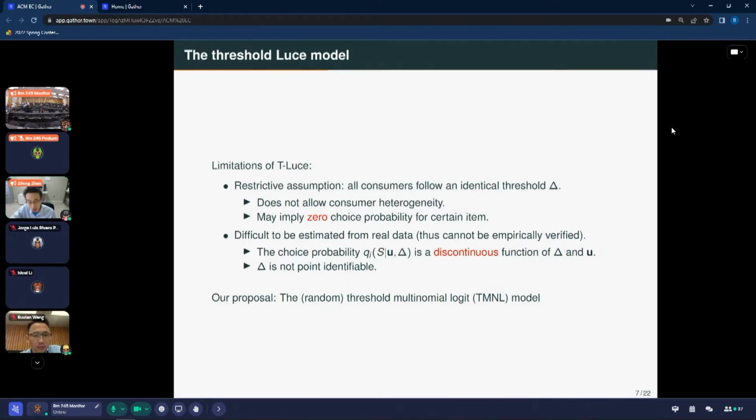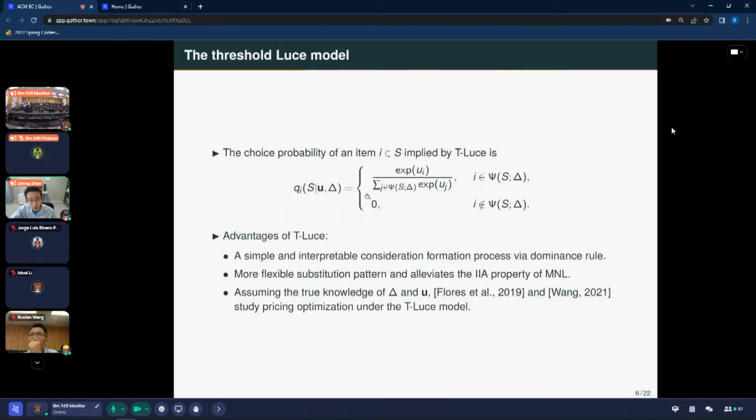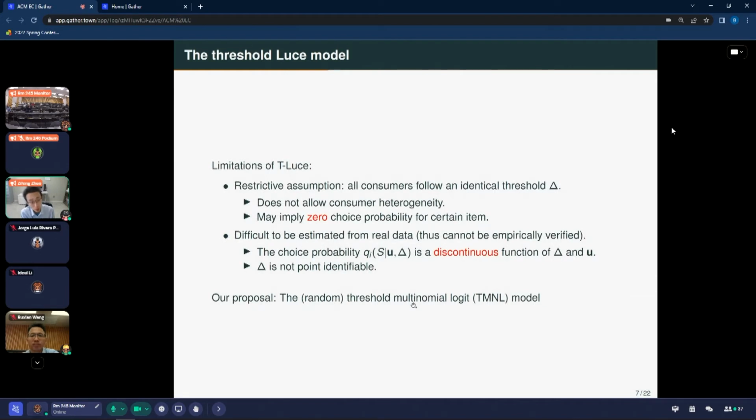Maybe some are busy and don't want to spend any time, right? So some consumers may have a higher delta and some a smaller delta. The T-loose model doesn't allow consumer heterogeneity. And it might also imply 0 choice probability for certain items because of this mechanism, right?